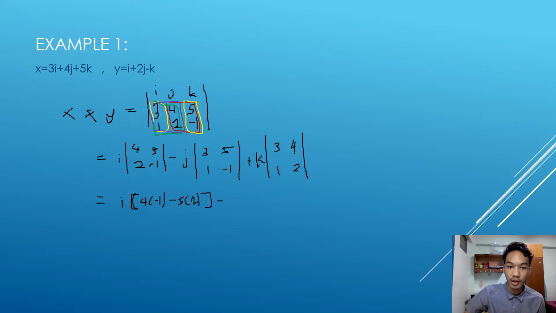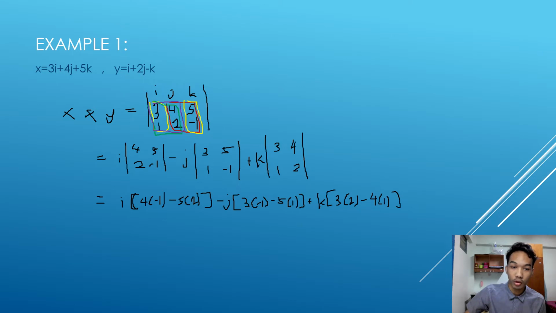Next is negative j: 3 multiplied by negative 1 minus 5 multiplied by 1. Next is k: 3 multiplied by 2 minus 4 multiplied by 1.